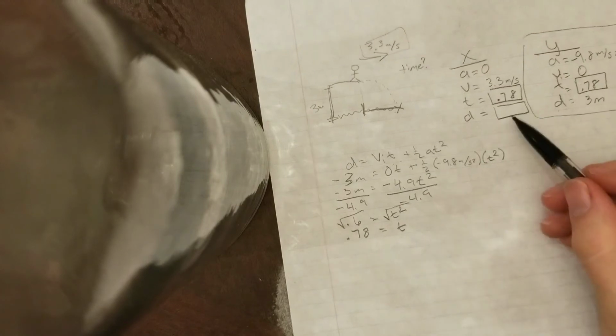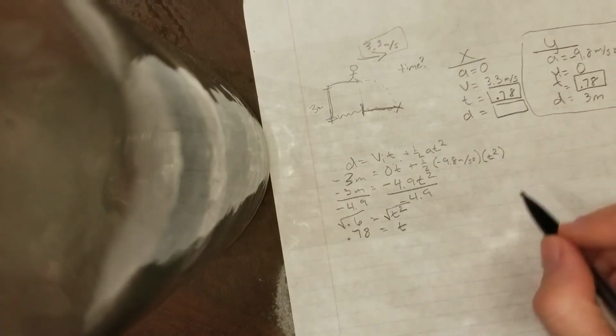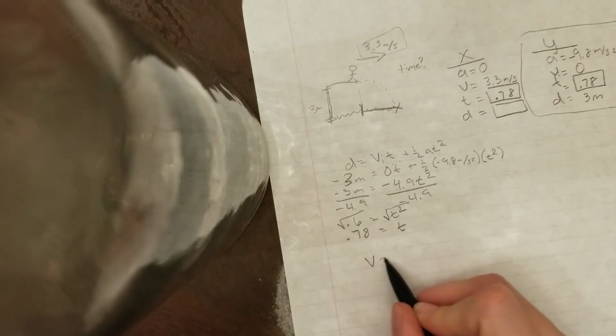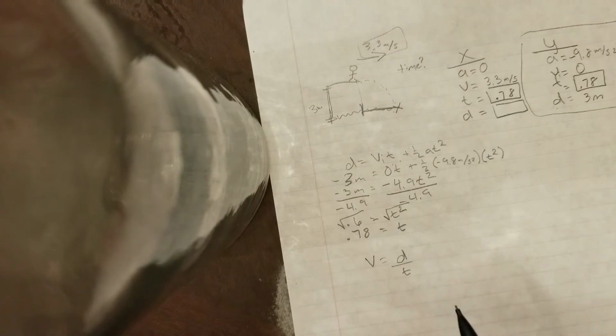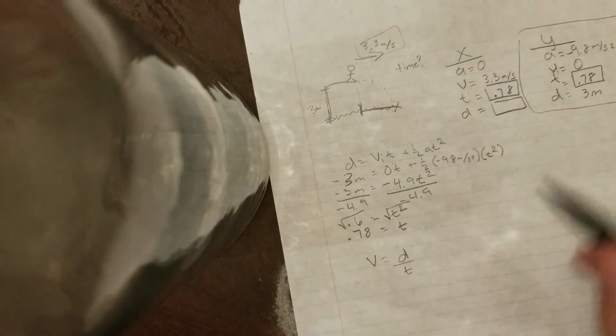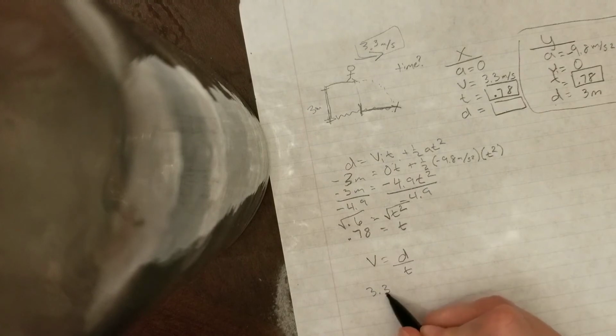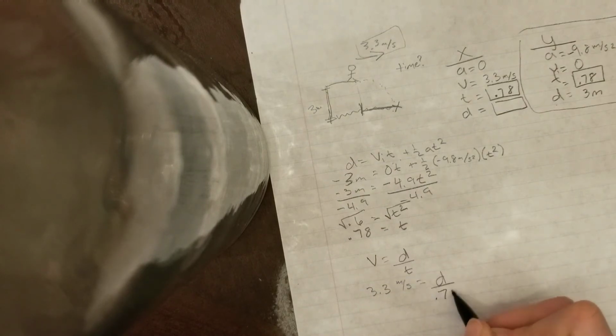Okay, and then now we just have our distance to solve for over here. And so we will do that right underneath here. Velocity equals distance divided by time. That's your equation. You always start writing with your equation and then you start plugging in, so you know exactly where you started and where you're going. All right, so our velocity for the x-axis is 3.3 meters per second is equal to distance, we don't know, over time, which is 0.78.